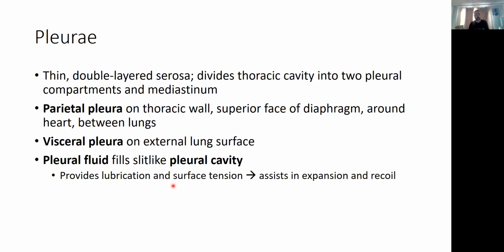The surface tension, the negative pressure inside this pleural cavity, actually pulls the lungs out and holds the outside of the lungs against the thoracic wall. It keeps them from collapsing. When we interrupt this pleural cavity, when we poke a hole in it, that's when we get lung collapse, because we lose that negative pressure, we lose that surface tension, and the elastic stroma simply collapses the lung in on itself.